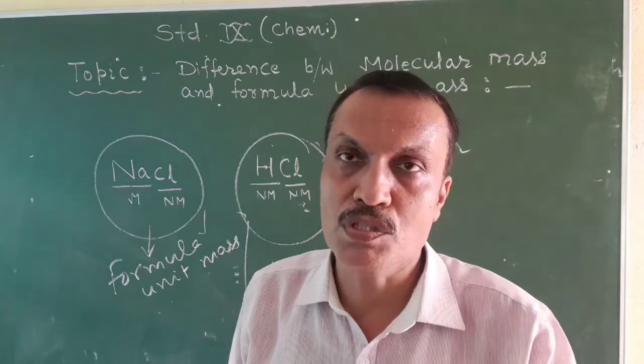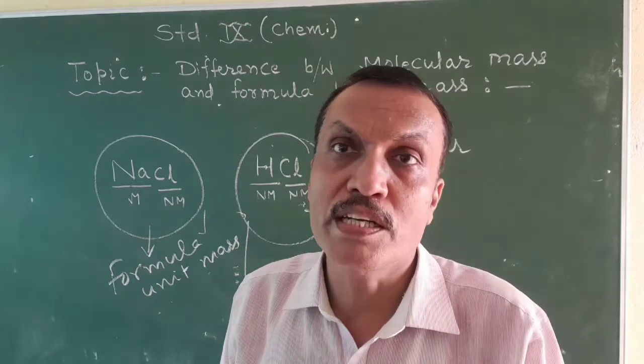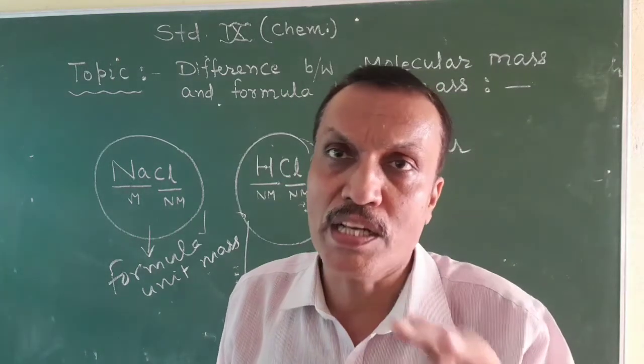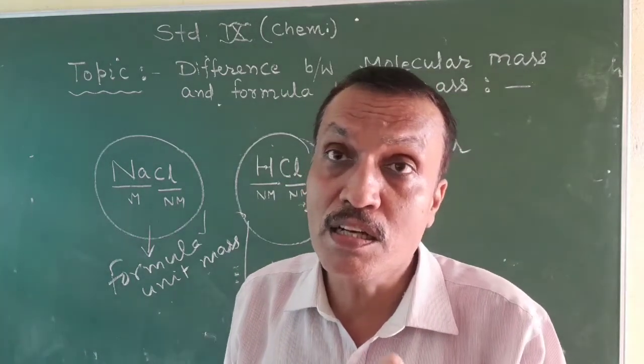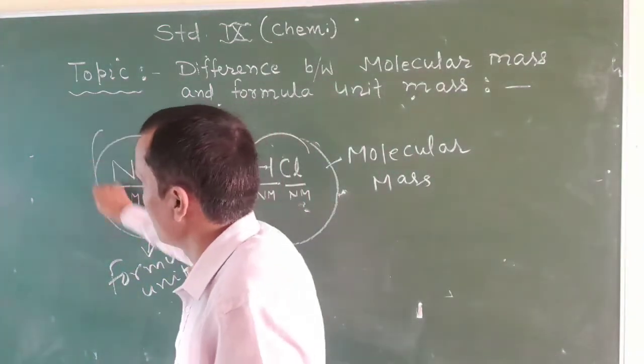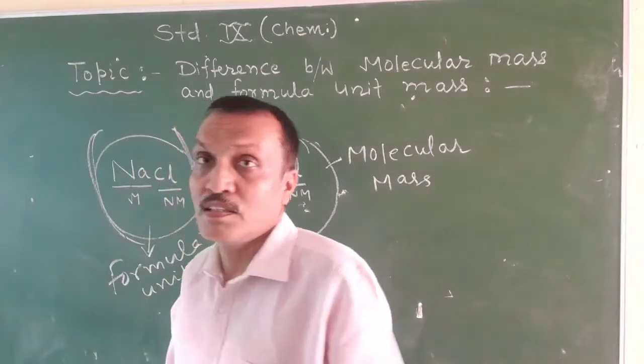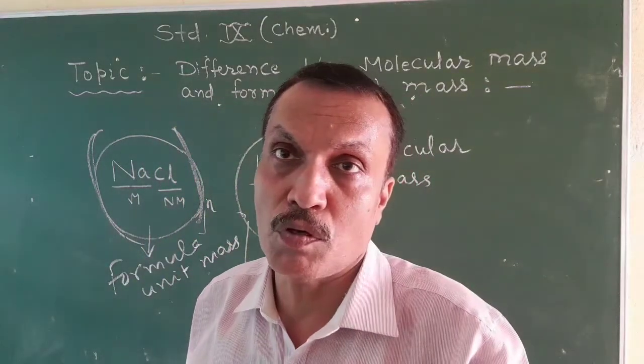Ionic compounds do not exist as isolated compounds, do not exist as a single molecule. Such compounds exist in crystalline form.